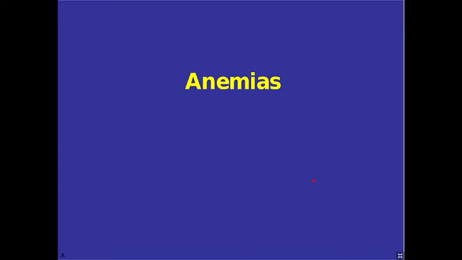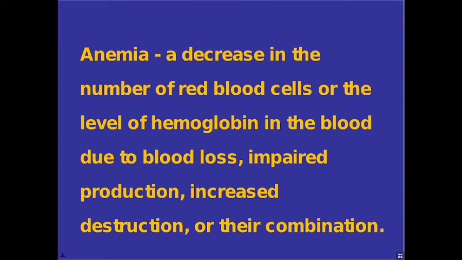So how do we understand what anemia means? It is a not so specific syndrome that's commonly defined as a decrease in the number of erythrocytes or the level of hemoglobin due to different mechanisms like blood loss, impaired production of the red blood cells, their increased destruction, or a combination of these factors.